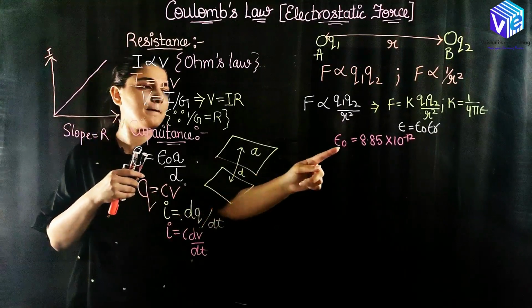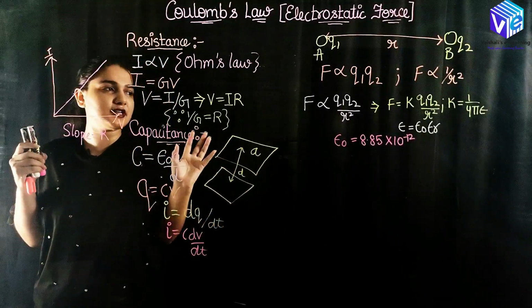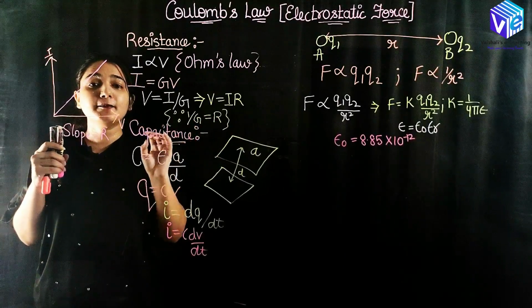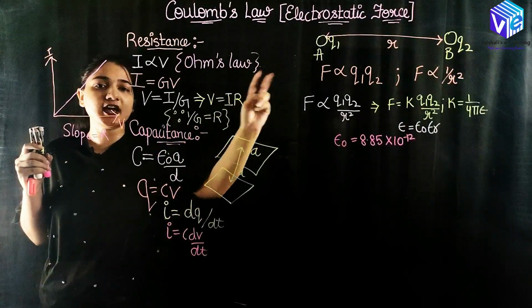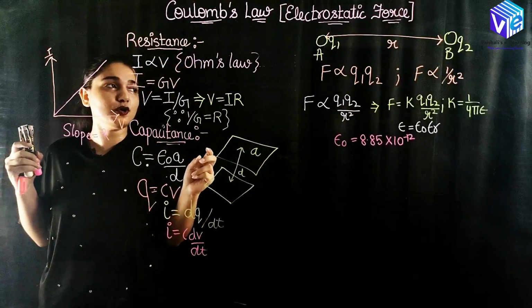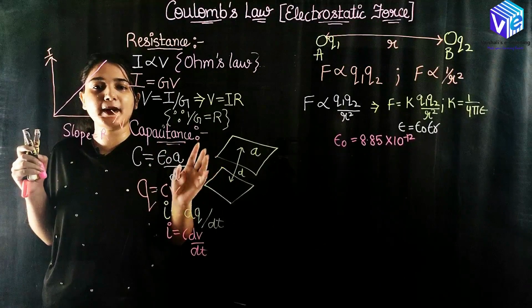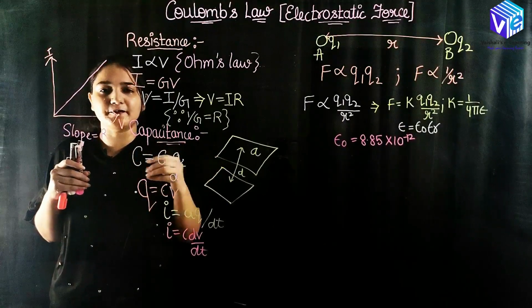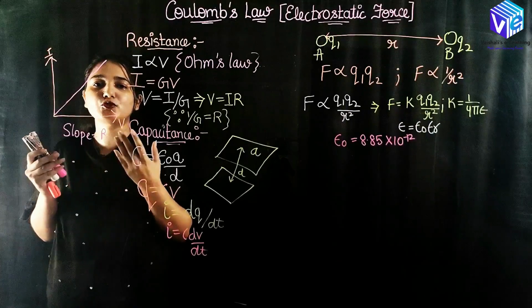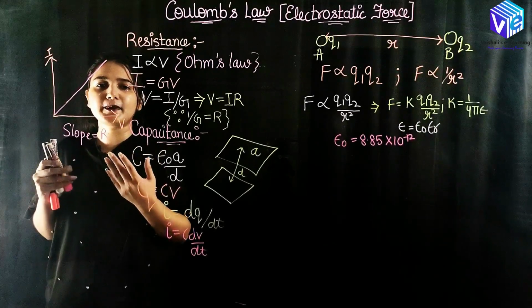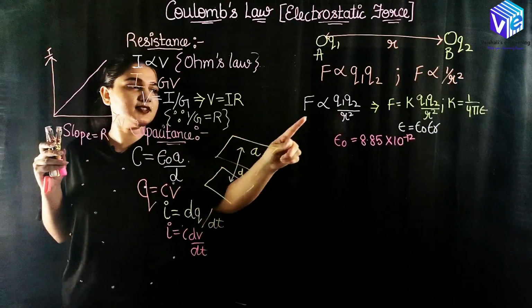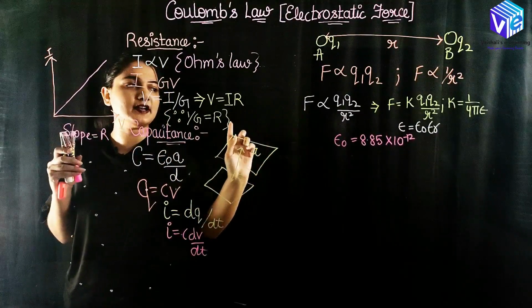Epsilon r depends upon the medium in which my charges are placed. If I have the same charges Q1 and Q2 at the same distance apart but change the medium, first free space, then air, then water, the resultant force will be different in each case.